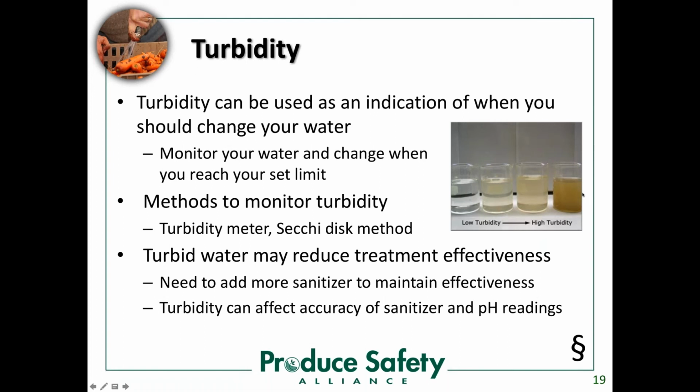And if you've got turbid water, you're lowering the effectiveness of your treatment, possibly. So in that case, you need to add more sanitizer to be effective. And so it's a trade-off that you need to figure out. Am I going to change my water more frequently, or am I going to monitor it and add more sanitizer? You know, it's a trade-off that you have to think about.